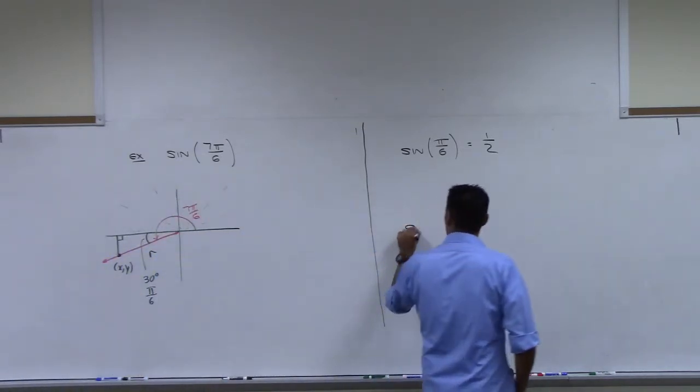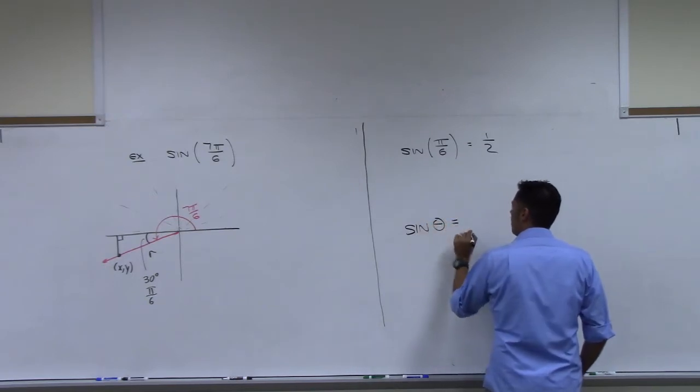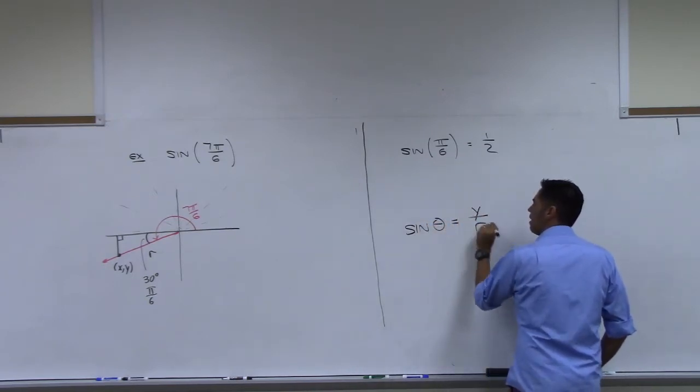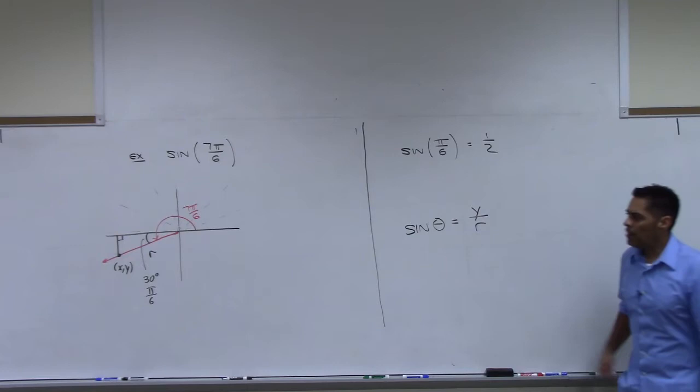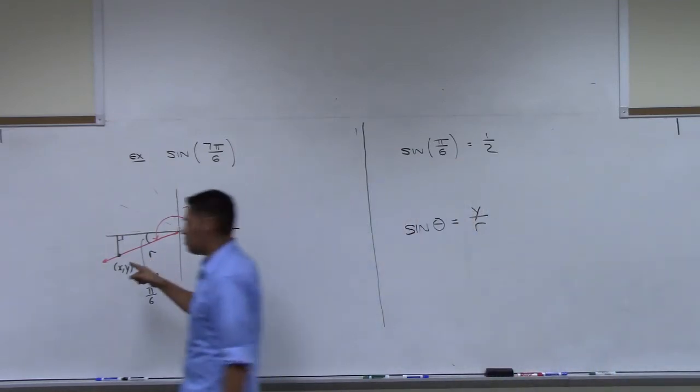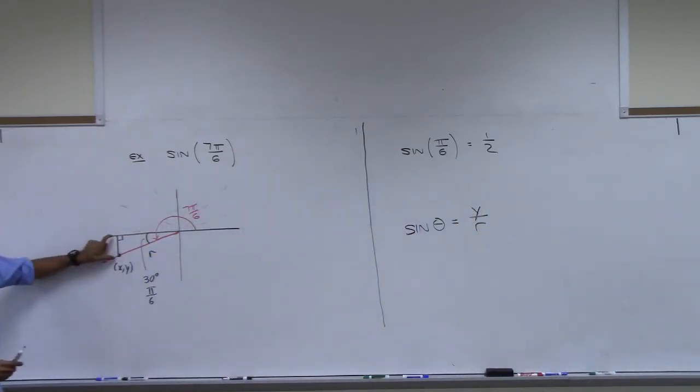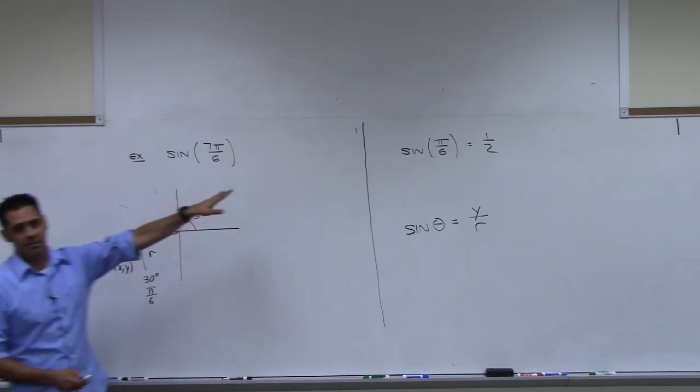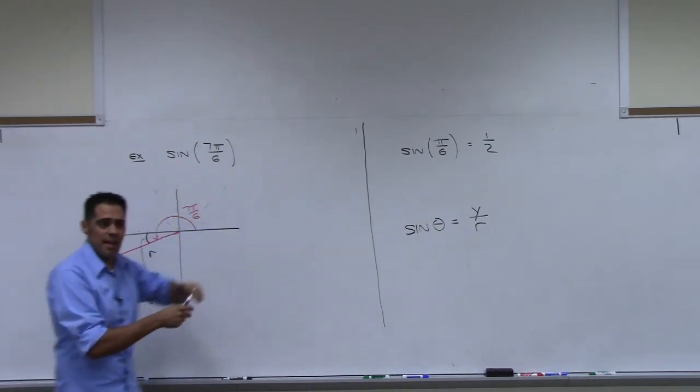Yep, so sine of an angle, we said, is the y-coordinate divided by the radius. And when we're down here in the third quadrant, your y-coordinate is negative, isn't it? And your radius is always positive, okay? So that's good news. The radius will always be positive. So you know that the answer is very similar to that because the ratios should be the same.